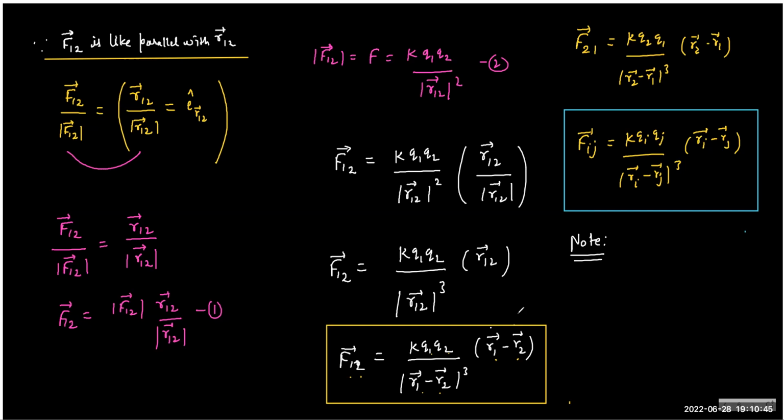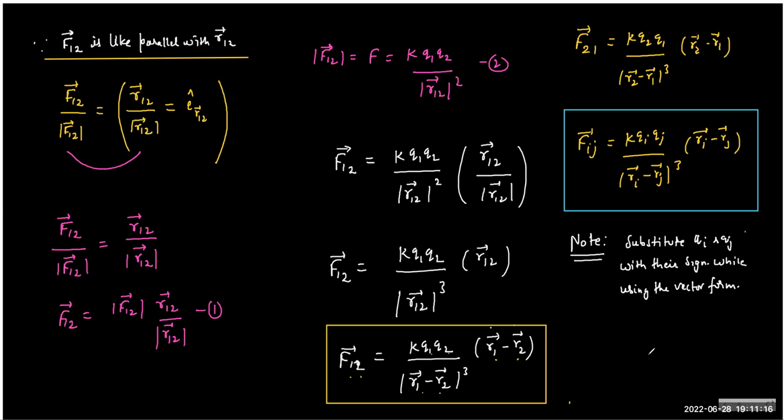And the best way to do it is to substitute Qi and Qj with their sign while using the vector form.